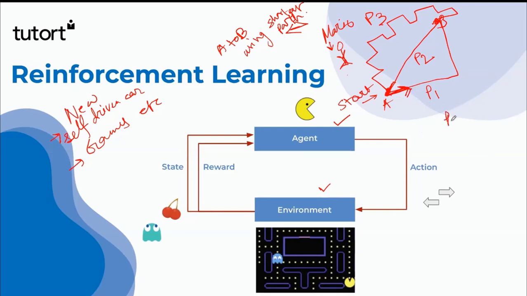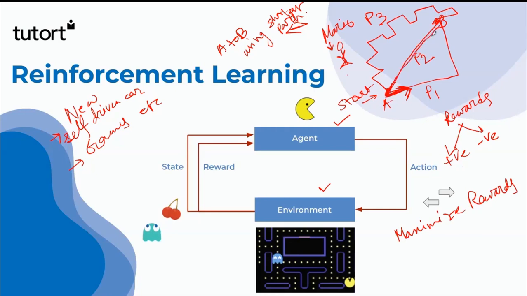The rewards can be positive or negative. If it is a bad path, Mario will get a negative reward. If it is a good path or a good choice, Mario will get a positive reward. At the end, the main goal is to maximize reward. So which path will give us maximum reward?